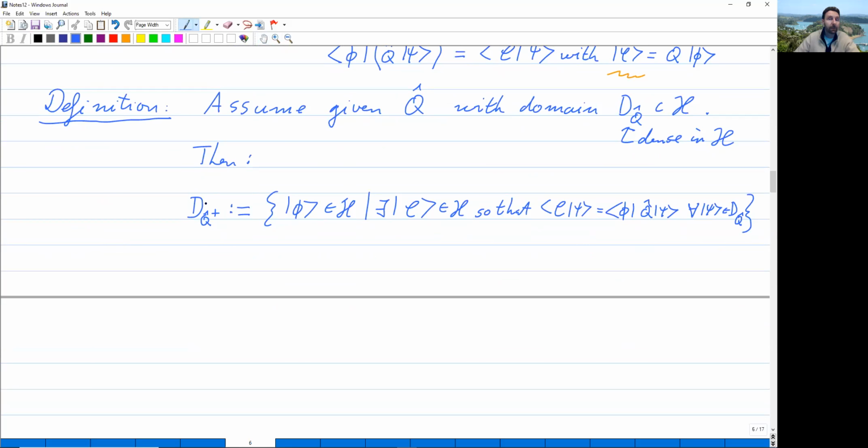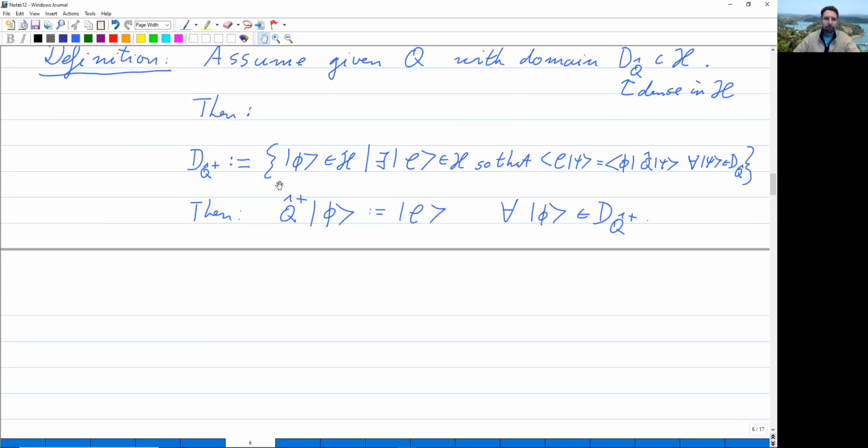Right, so now we have defined the domain of Q hat dagger, namely consisting of all those vectors for which there exists a vector such that we can throw the action on the left, and then we define that Q hat dagger acting on phi is this little phi tilde vector, and that's for all phi in the domain that we just defined of Q hat dagger. All right. Okay.